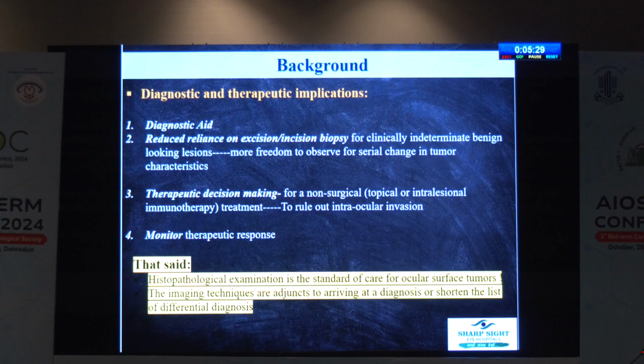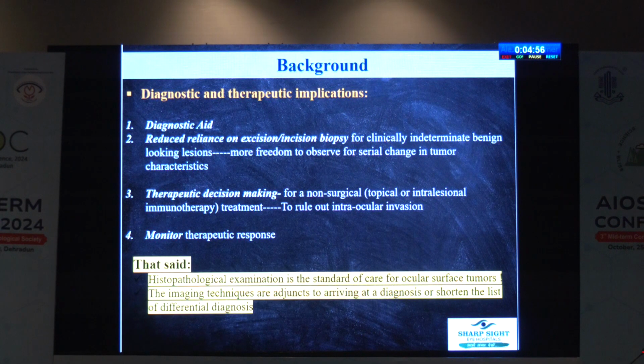Prior, whatever was clinically indeterminate was probably biopsied, but now an understanding of these imaging tools allows us a little more freedom, wherein we can observe for serial changes 6 weekly, 3 monthly, before we decide on taking any surgical decision, especially if our pointer is towards a benign lesion. Also, they help in therapeutic decision making if we are planning to manage the case non-surgically, and at the same time monitor the therapeutic response.